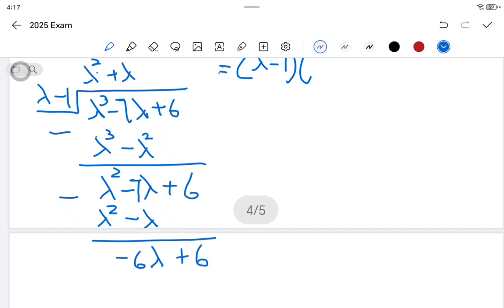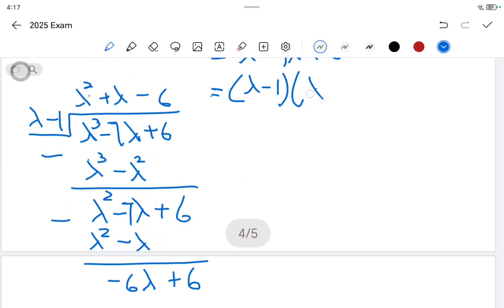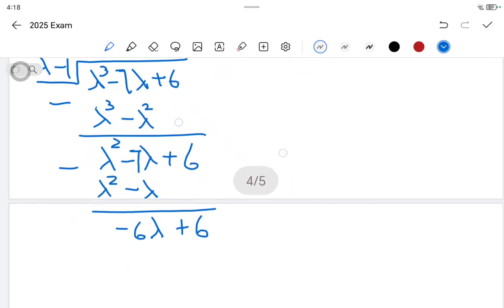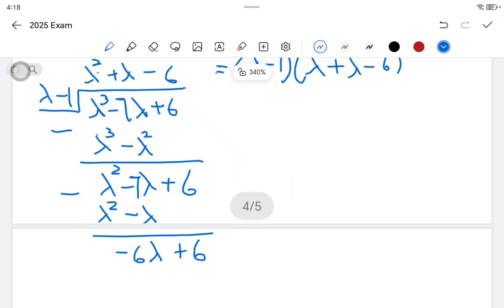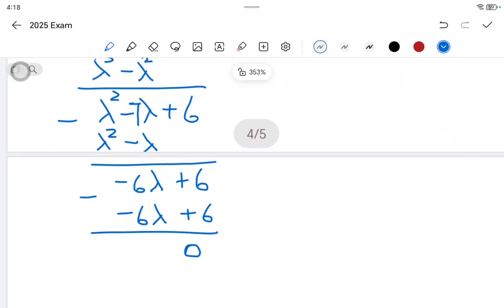Then when I divide this, I'll get minus 6. Let's multiply back. Minus 6 times lambda, we get minus 6 lambda. Minus 6 times minus 1, we get plus 6. And then it's 0 at the end.